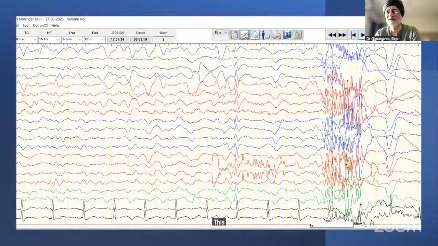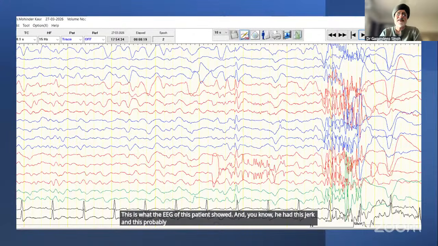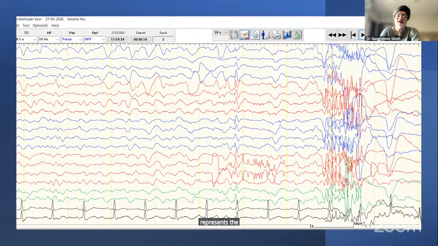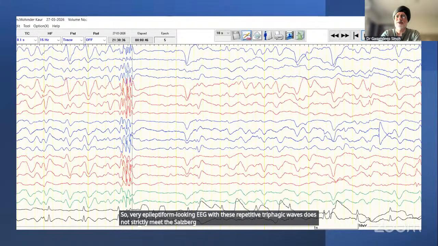This is what the EEG of this patient showed, and she had this jerk, and this probably represents the jerk, and this is what the EEG looked like. Next slide. So a very epileptiform-looking EEG with these repetitive triphasic waves does not strictly meet the Salzburg criteria, where you need to have discharges at the rate of 2.5 hertz.